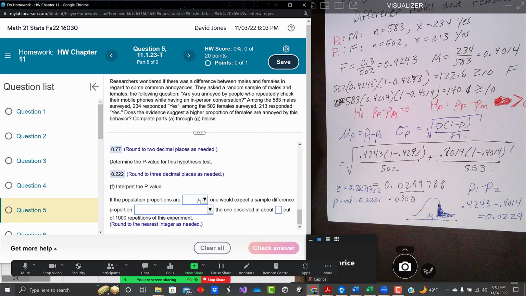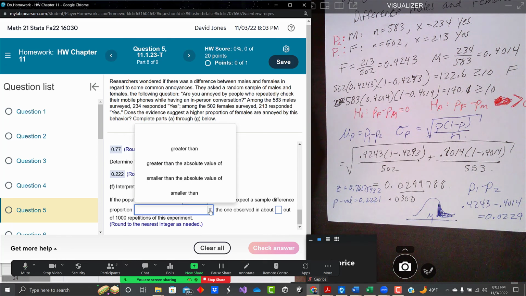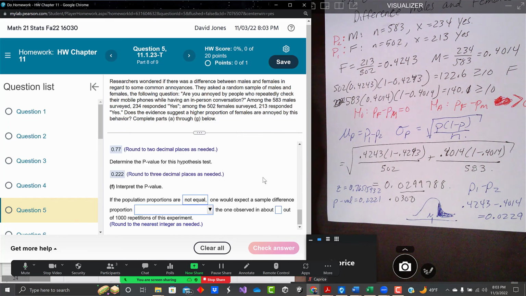If the population proportions are equal, one would expect a sample difference proportion... this is confusing.